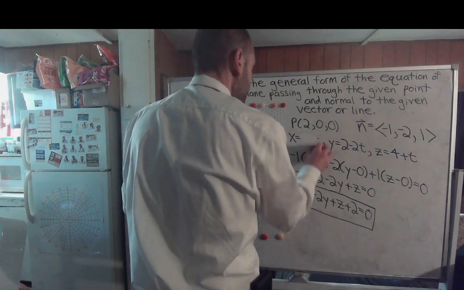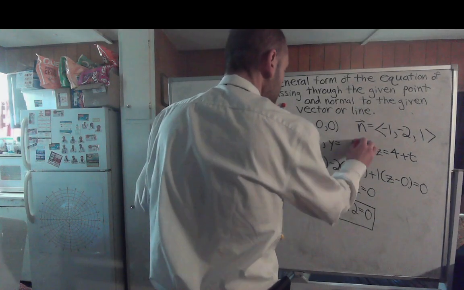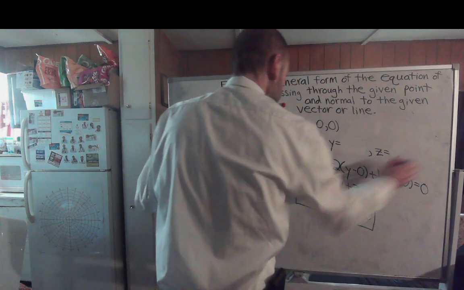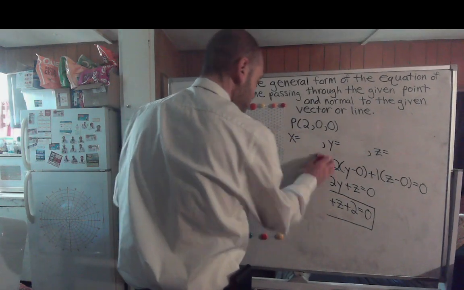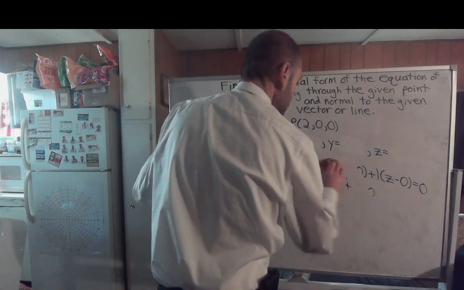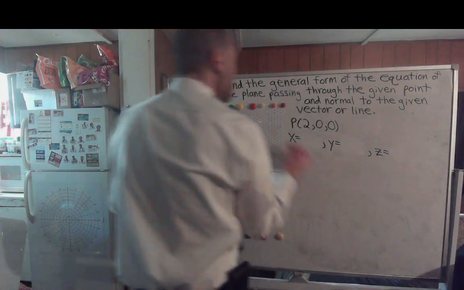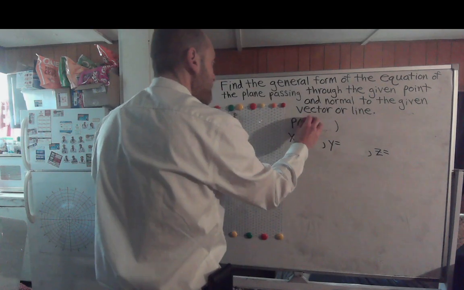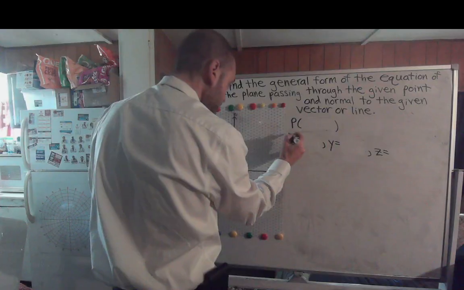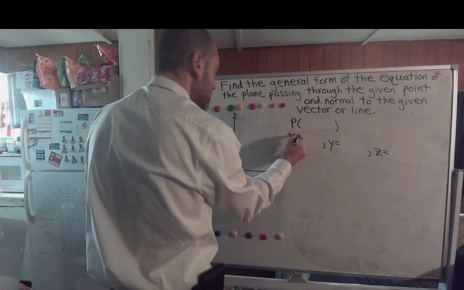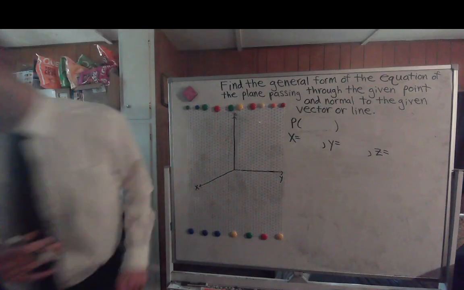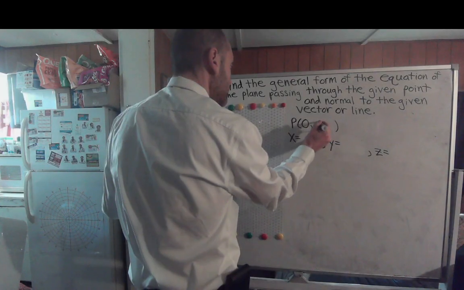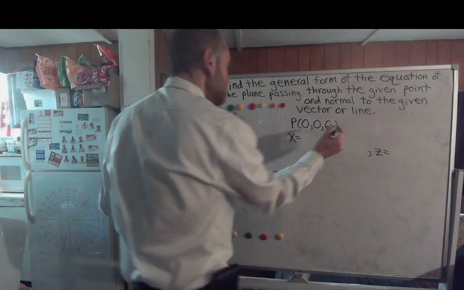Actually, let's keep that format because we're going to have lines again. Point P is going to change, of course. So point P is located at 0, 0, 6.